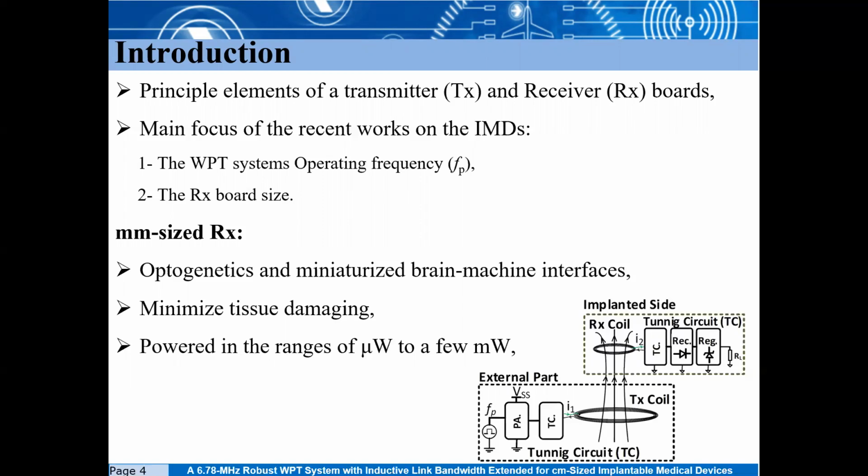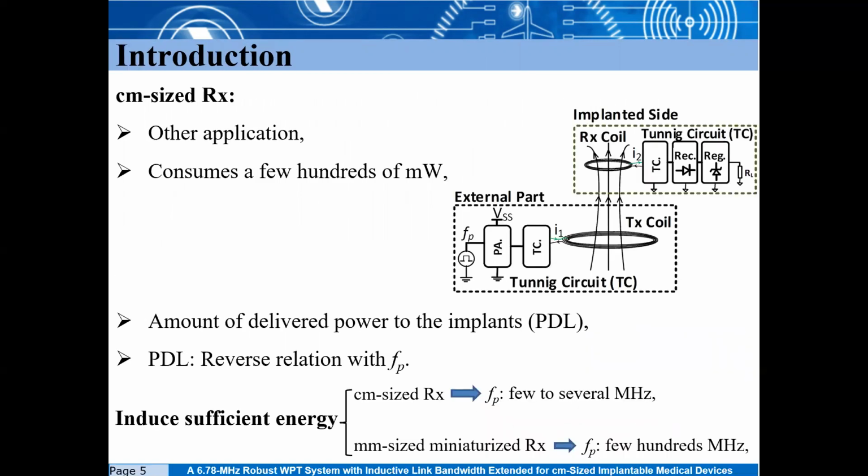This RX is powered in the range of microwatts to a few milliwatts. In other applications, the dimension of the RX board is around centimeters, and it consumes a few hundred milliwatts.